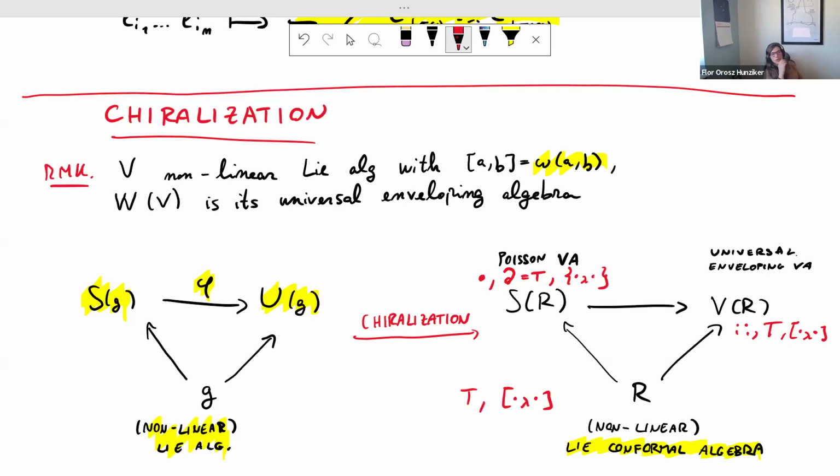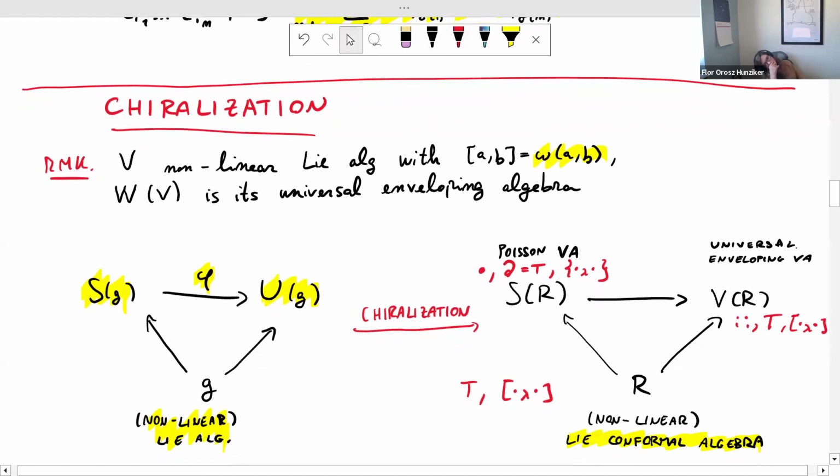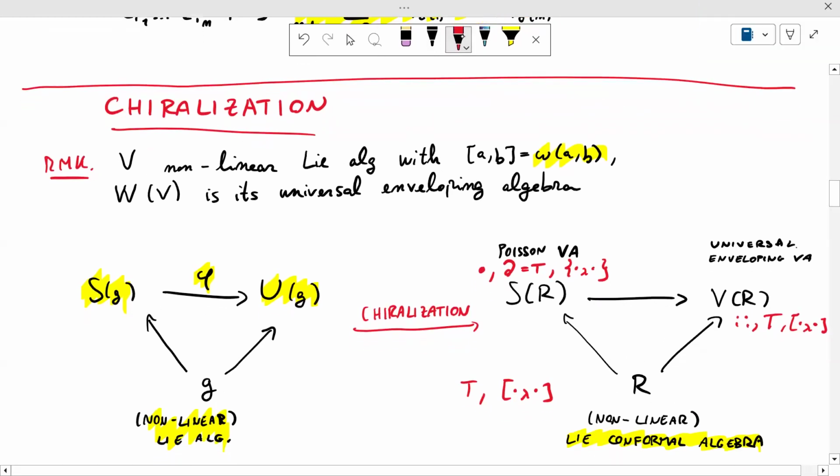Yes, question. What do you mean by non-linear Lie algebra? A non-linear Lie conformal algebra. Thank you. In general, I guess it's more complicated. What I mean here is just that I admit Lie brackets that are scalar. So for example, the symplectic vector space V, omega.